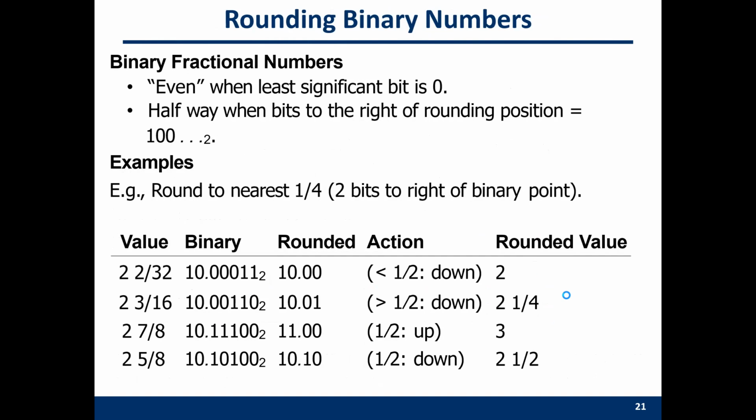So we call a number even when the least significant bit is 0. And halfway means the bits to the right of the rounding position.